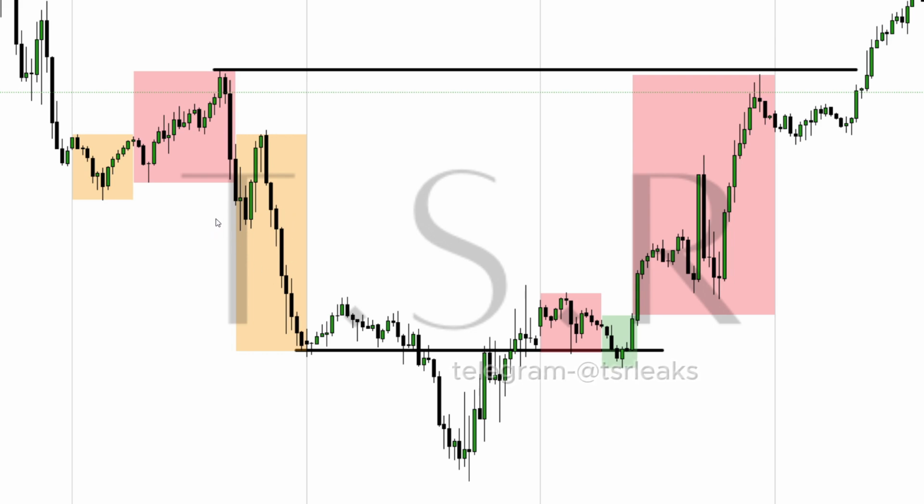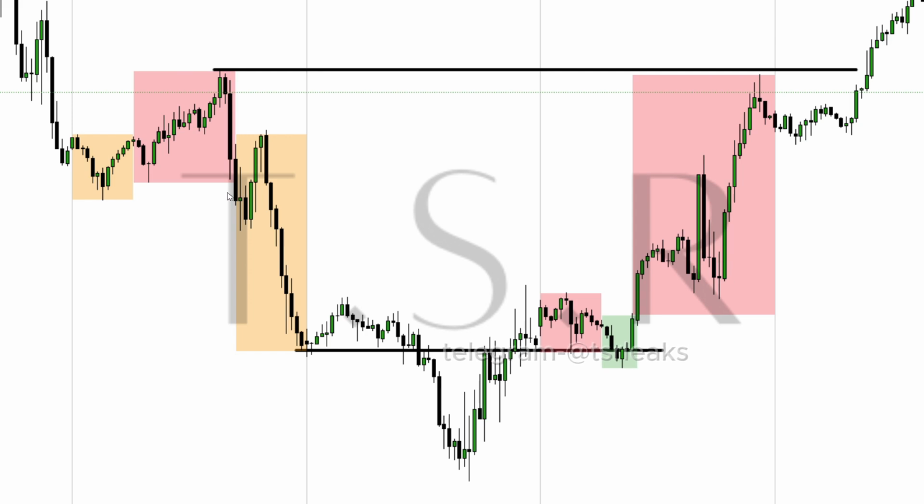Now, what do you notice here? You notice the turtle soup, range high, turtle souped. So if we use this range, high and low, you can see turtle soup. After we turtle soup, we broke a low.